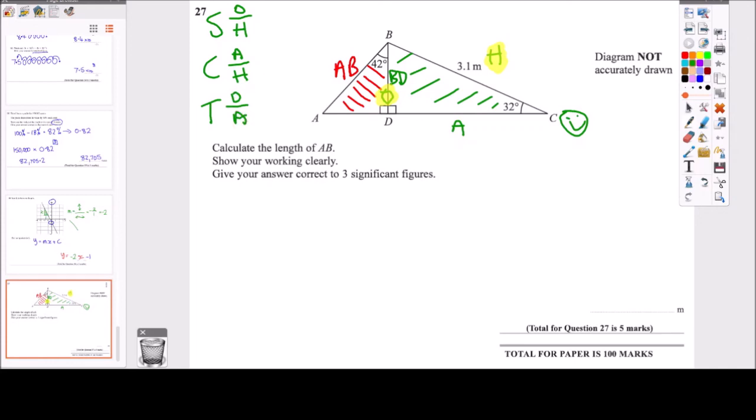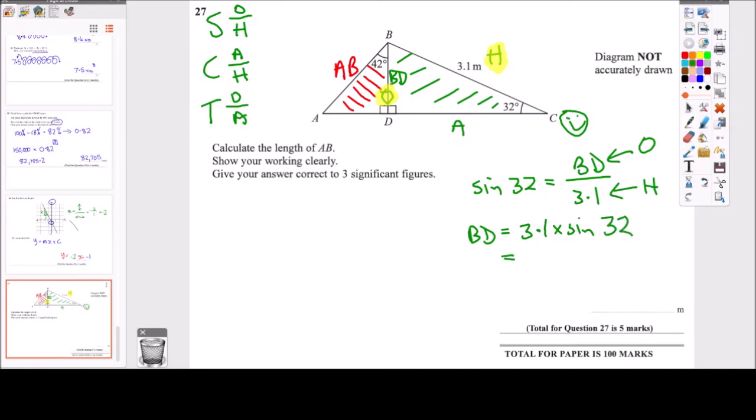So sin 32 equals my opposite side, which is BD, divided by my hypotenuse, which is 3.1. Got to get it the right way around. It's got to be the opposite over the hypotenuse. So multiplying both sides by 3.1, I get BD equaling 3.1 times sin 32.